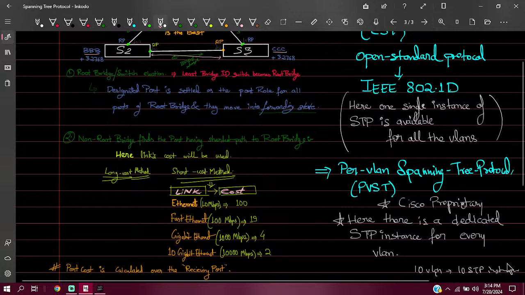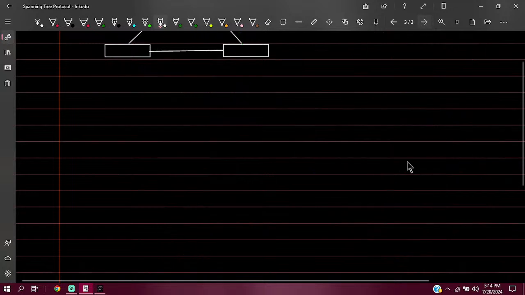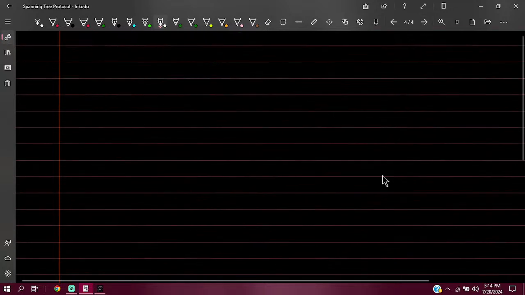Now one more thing, the open standard was CST.